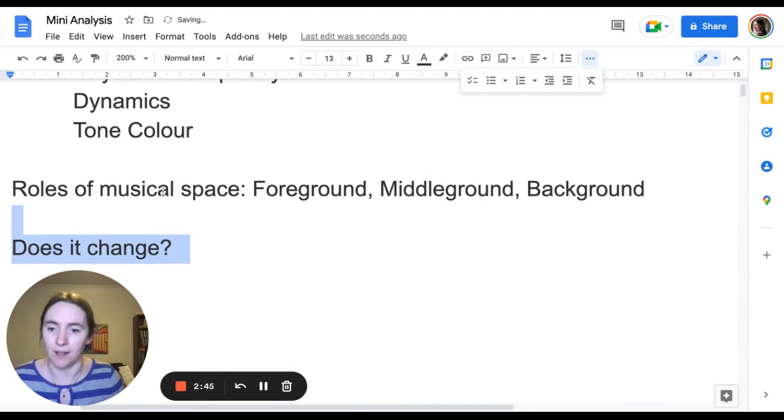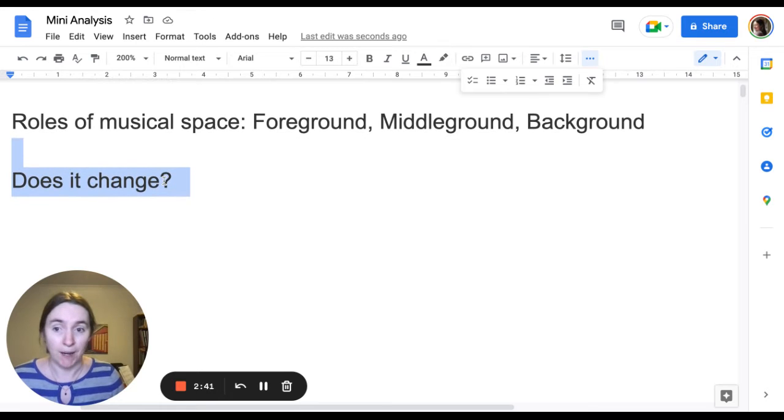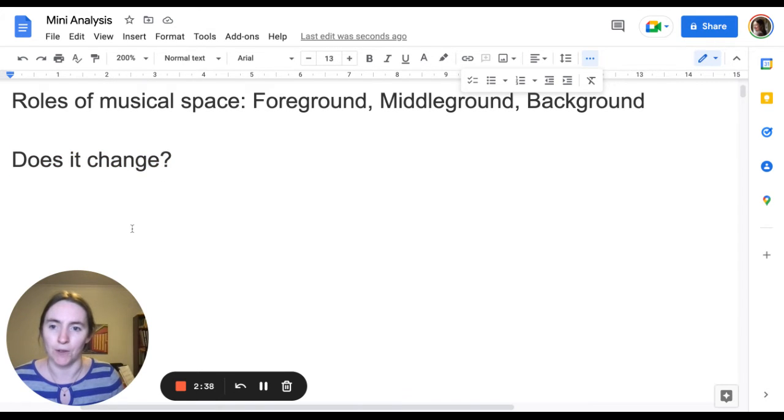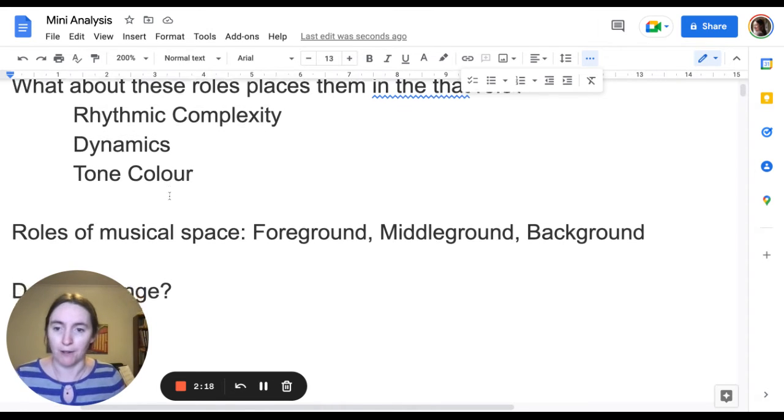So of course, does it change? Does it start in the foreground and then go to the background? Why? What would happen in those? And again, you go back to here. Maybe it started in the foreground, but then it became less rhythmically complex, which made it go into the middle ground. Or maybe it started in the foreground because it was at a loud dynamic, but then came softer, went down the octave in terms of pitch, which made it softer, which brought it back to the background.